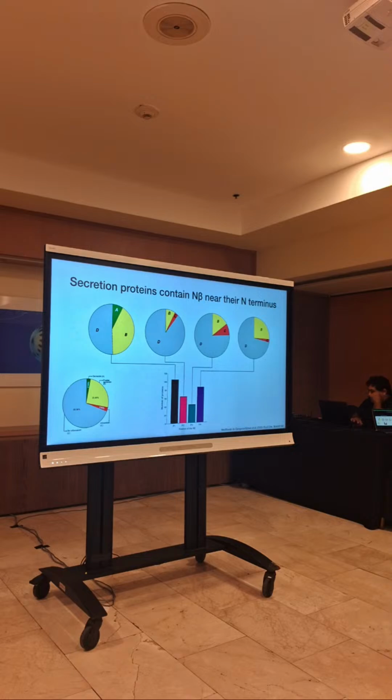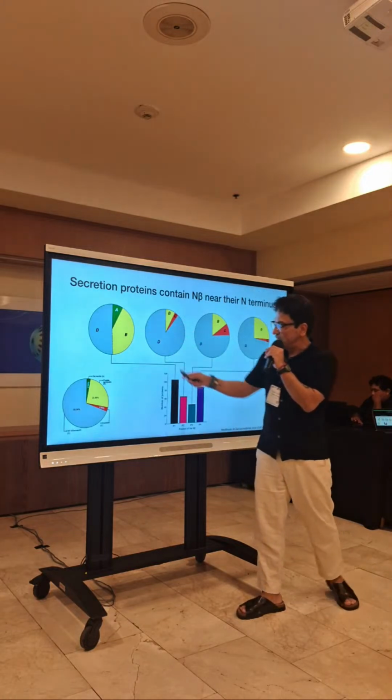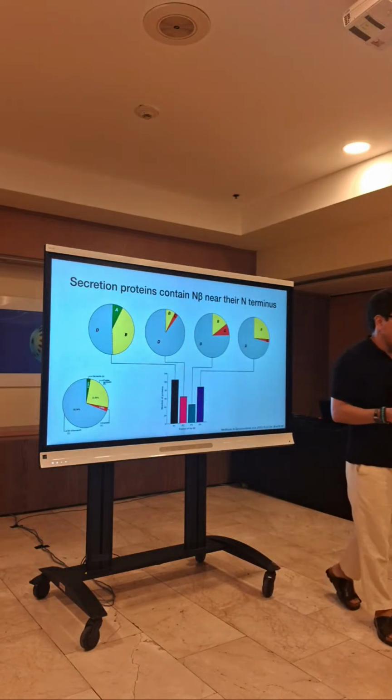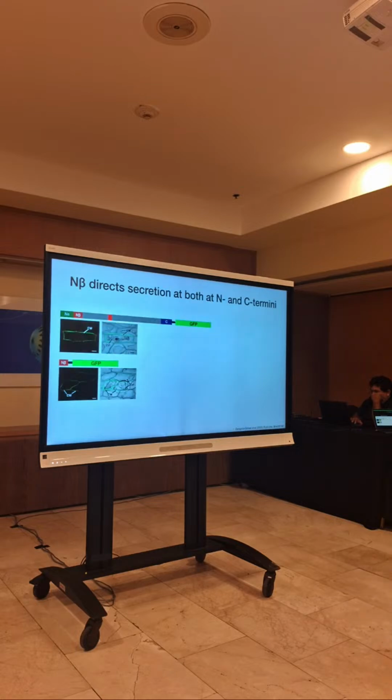We also tested the position, whether it is important. All secretory or predicted secretory proteins have the N-beta motif towards the N-terminal. So we decided to assess the position as well.